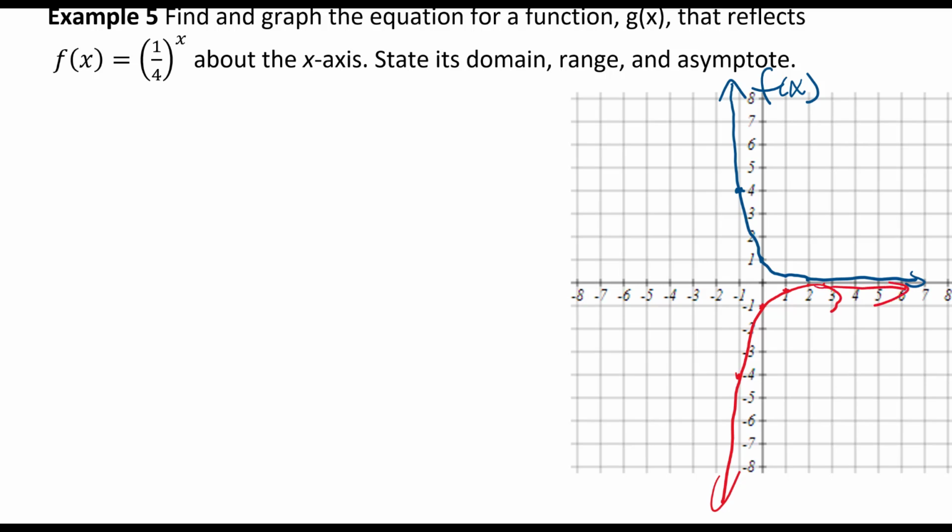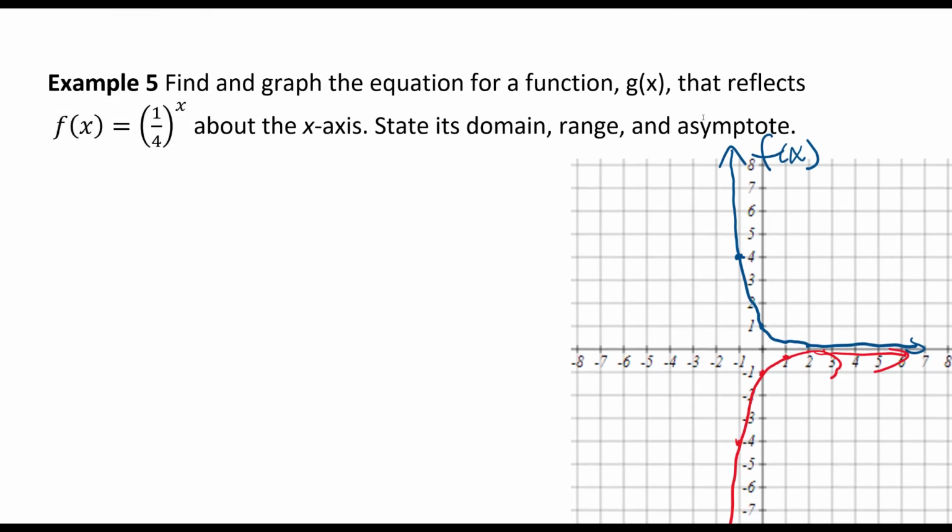Let's do that. Okay. And so we need to state the domain. Am I reading this wrong? It says, find and graph the equation for function g of x that reflects f of x equals 1/4 to the x across the x-axis.